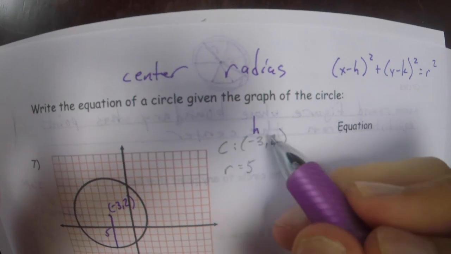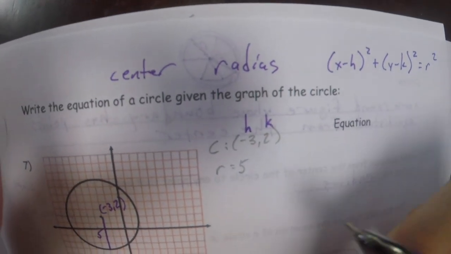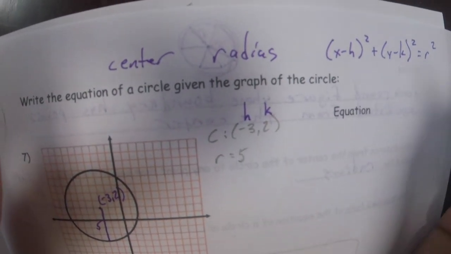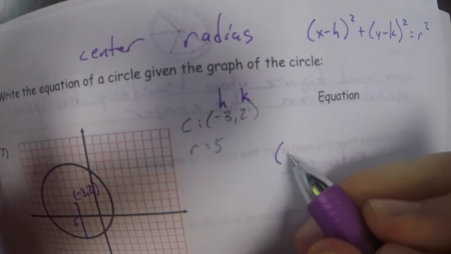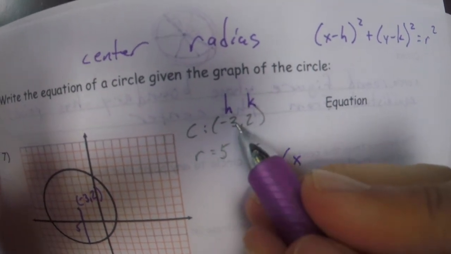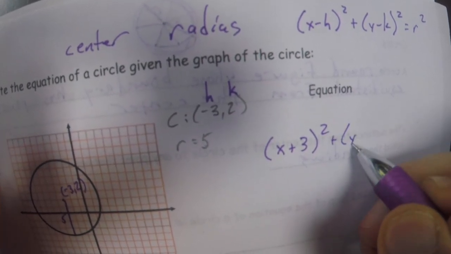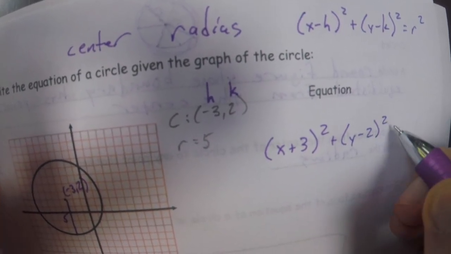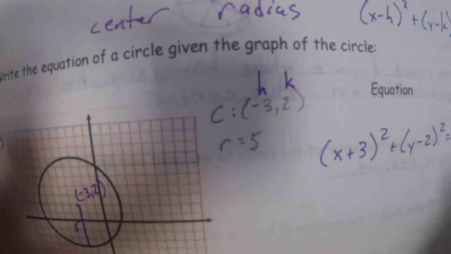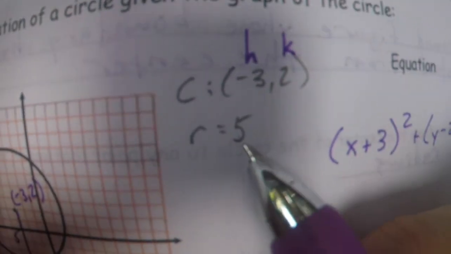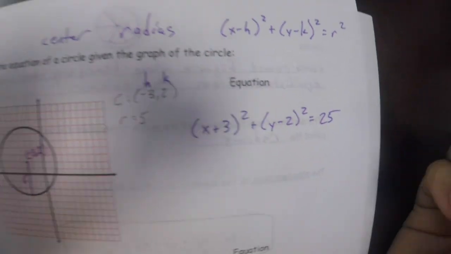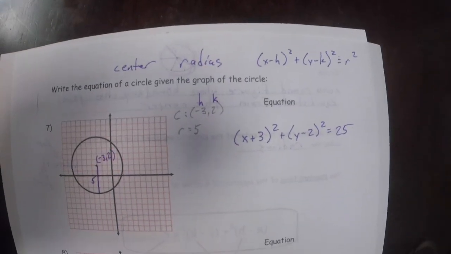Here's my h, here's my k, here's my r. Now I'm just going to pop them in. x minus -3 is really +3, squared, plus (y - 2)² equals r squared. So what's 5 squared? 25. Boom. There's the equation of that circle.